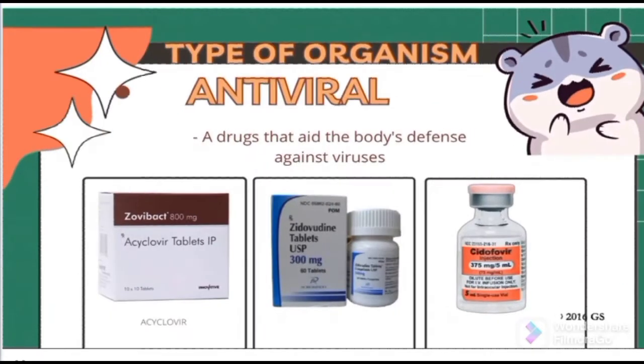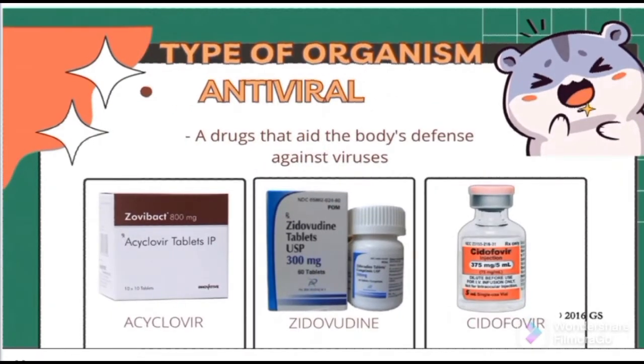Antiviral. Antiviral drugs aid the body's defense against viruses. They can help to alleviate symptoms and minimize the duration of a viral illness. Some of the antiviral agents include acyclovir, cidofovir, and others.